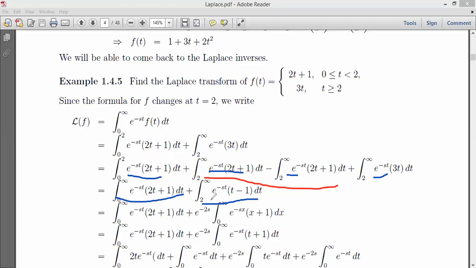Redefining limits is very easy. Since this is in t, the whole idea is how does this 2 go to a 0? The only way is to redefine: if you have a certain x, which is t minus 2, then when you are changing limits, if t is 2, then x will be 0.